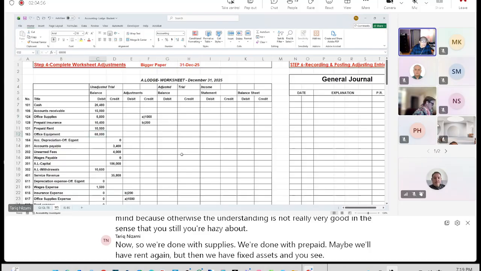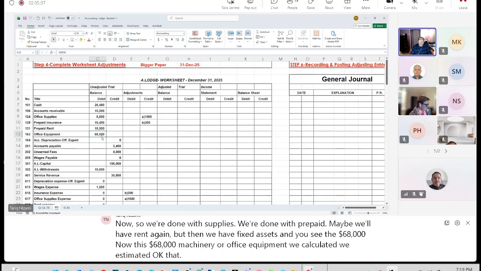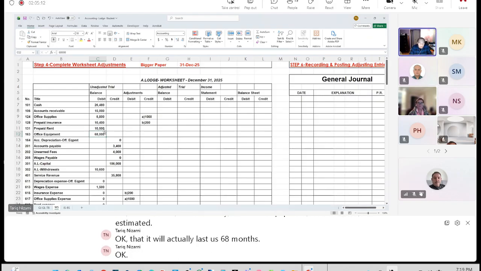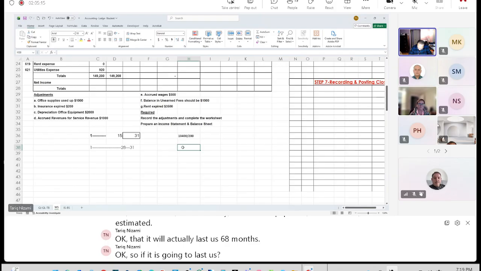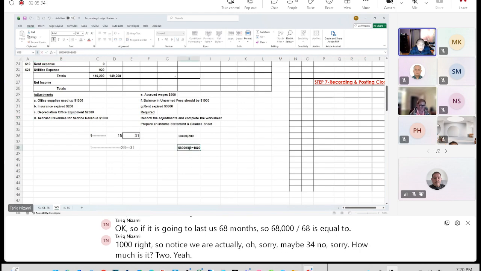And you see this $68,000. Now, this $68,000 machinery or office equipment, we estimated that it will last us 68 months. So if it is going to last us 68 months, 68,000 divided by 68 is equal to 1,000, right? So notice, oh, sorry, maybe 34. No, sorry. How much is it? Yeah, 34.